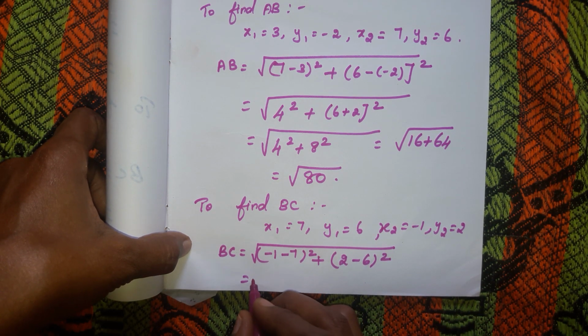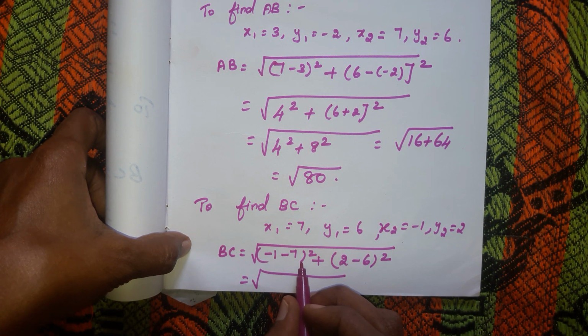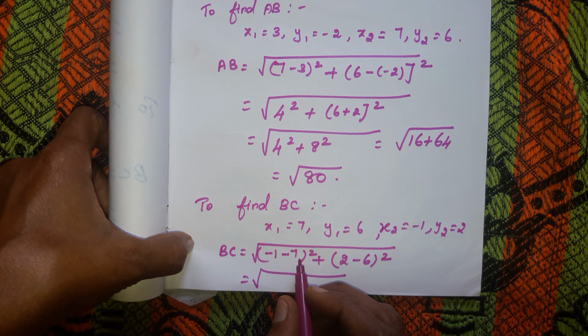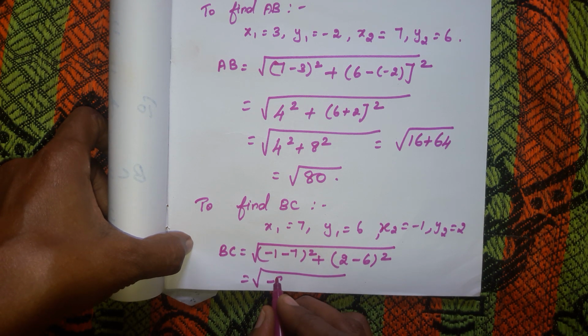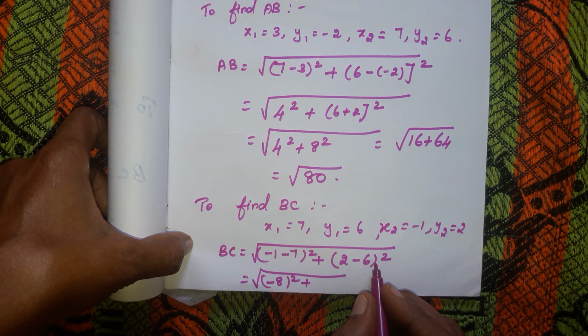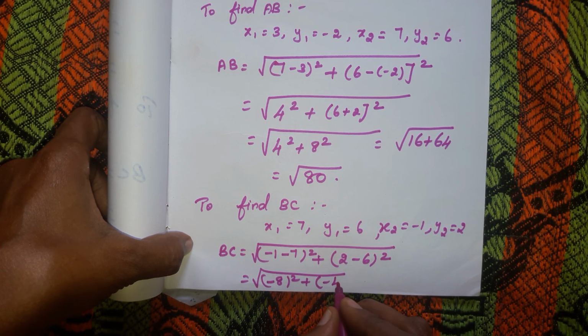Minus 1 minus 7: both are minus, so add and put the minus symbol, that is minus 8 the whole square. Plus 2 minus 6 means minus 4.